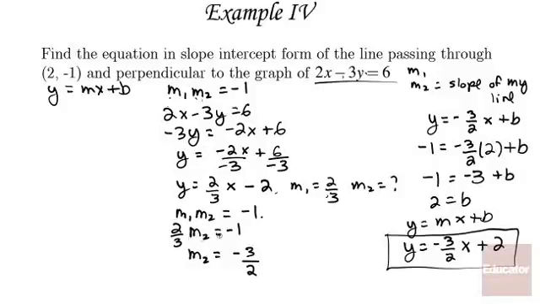So that's 2/3 times m2 equals negative 1. m2 equals negative 3/2. I go back to this form, y equals mx plus b, now knowing the slope of my line. Substitute in x and y values and the slope to solve for b. B equals 2. I have b, I have the slope. That allows me to write this equation in slope-intercept form.